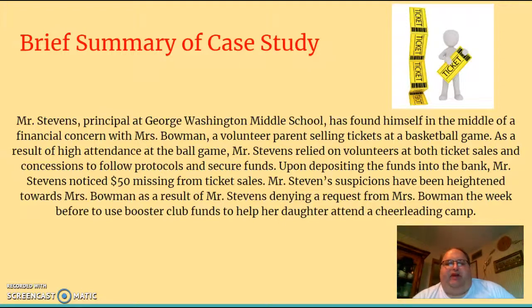She is a parent volunteer that has been doing ticket sales at athletic events. Mr. Stevens relies on volunteers to complete a lot of his athletic events because he doesn't have any additional administration to help him run the school.